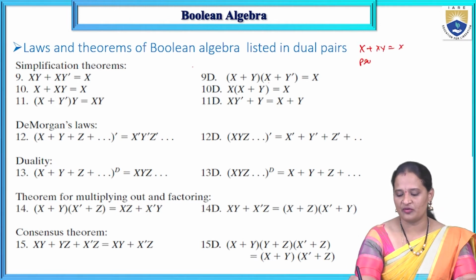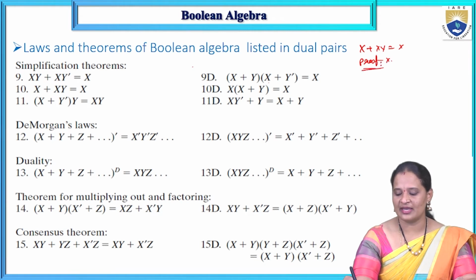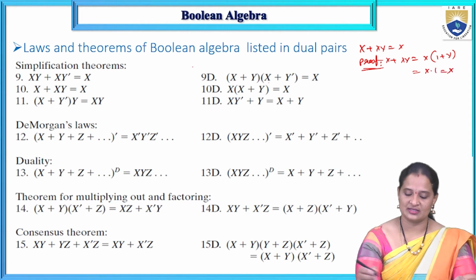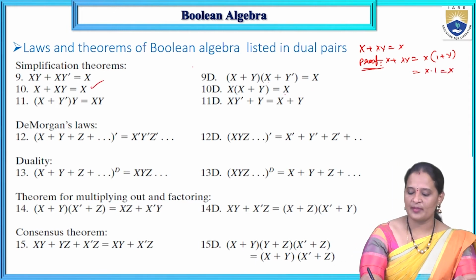Now I'm taking x as common, so it becomes 1 plus y. As we already know, according to the operations with 0 and 1, 1 plus y can be written as 1. So x dot 1 is equal to x. So this is proved.